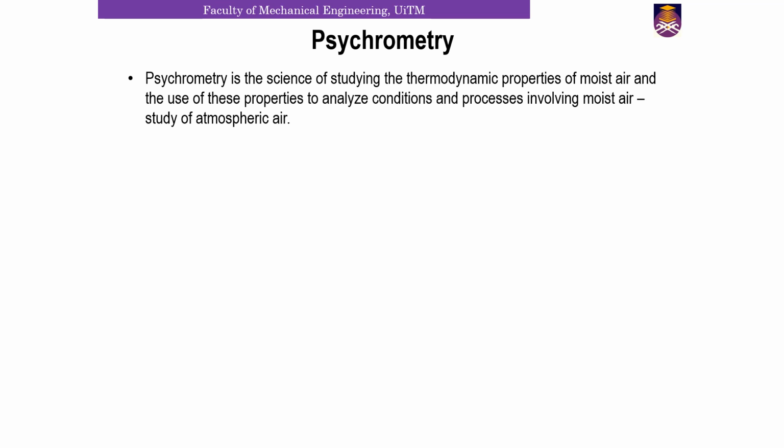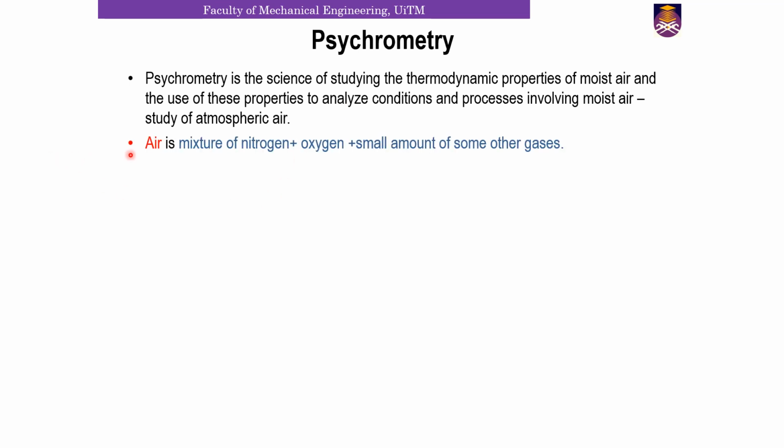So if you look at this statement, psychrometry is the science of studying the thermodynamic properties of moist air and the use of these properties to analyze conditions and processes involving moist air, that is the study of atmospheric air. Now if you look at these two words, you have moist air. So meaning to say that you have air embedded with some moisture. Right? So that is psychrometry.